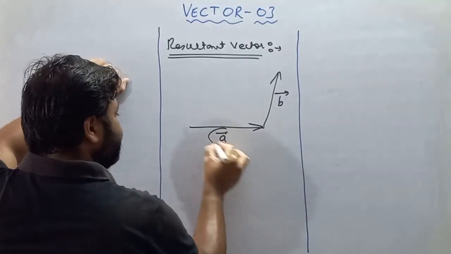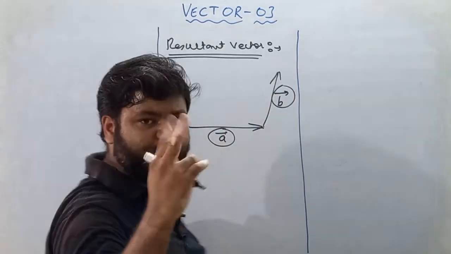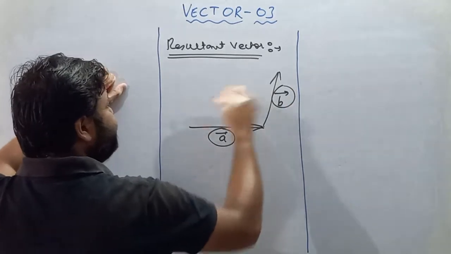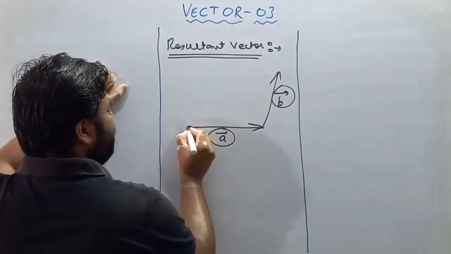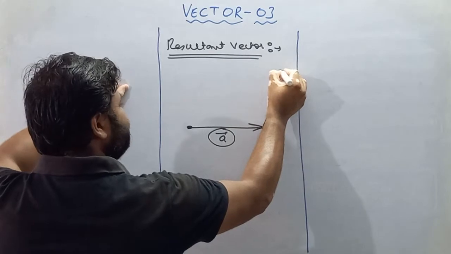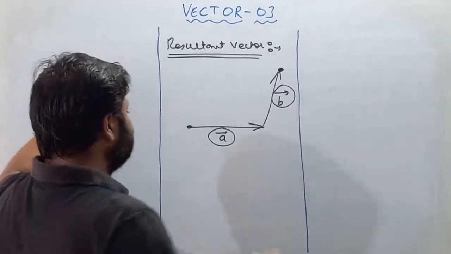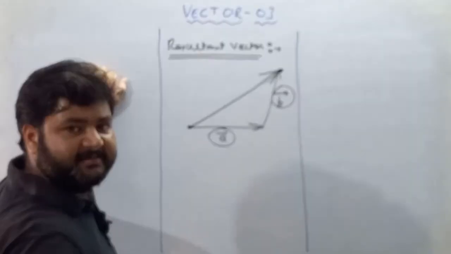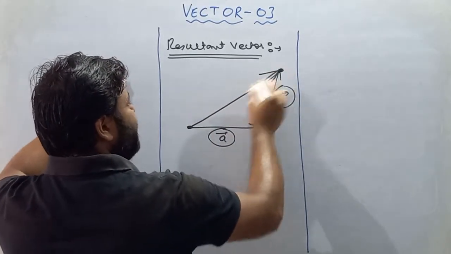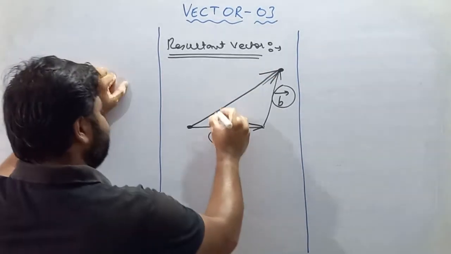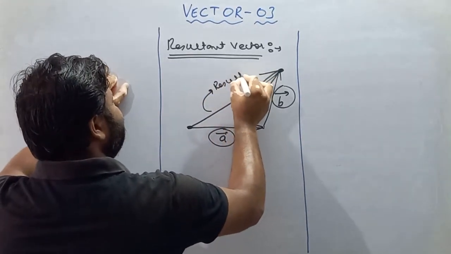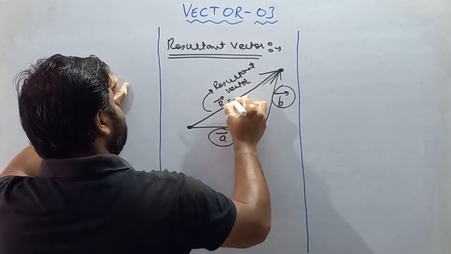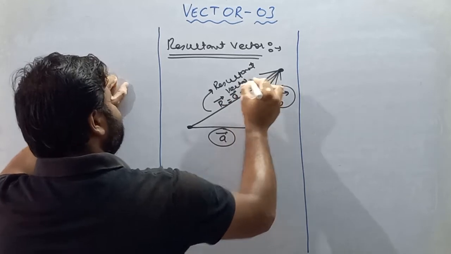For the resultant vector, we know this is the tail of the first vector and this is the head of the second vector. So we'll join the first vector's tail with the second vector's head. The line which carries magnitude as well as direction is called the resultant vector, that is R vector, which equals A vector plus B vector.